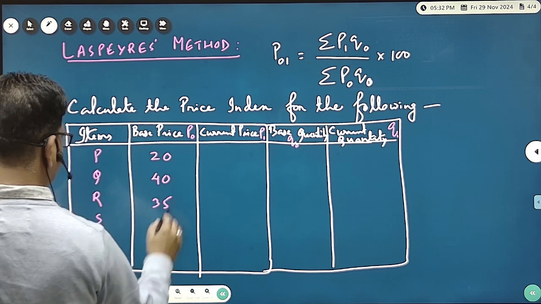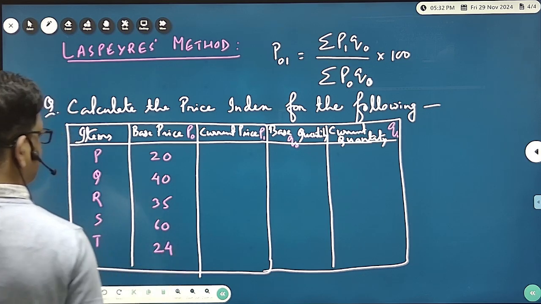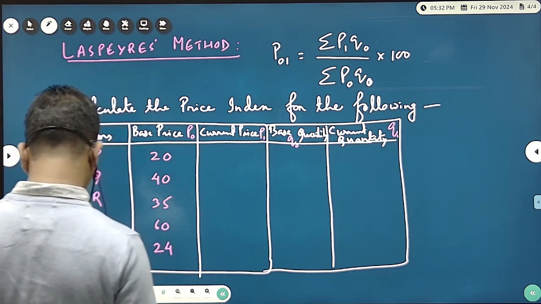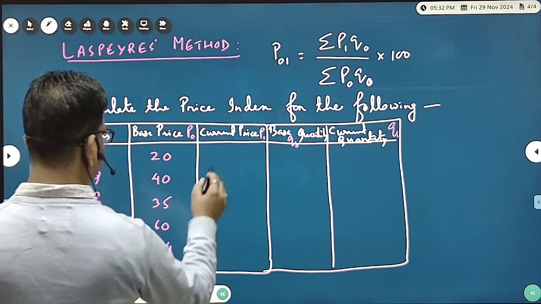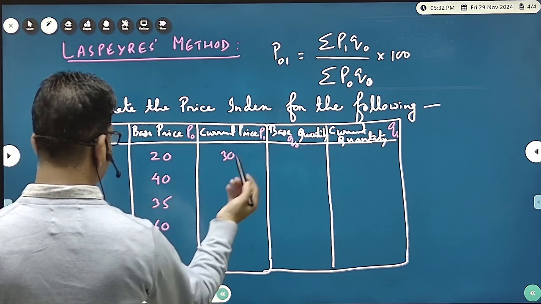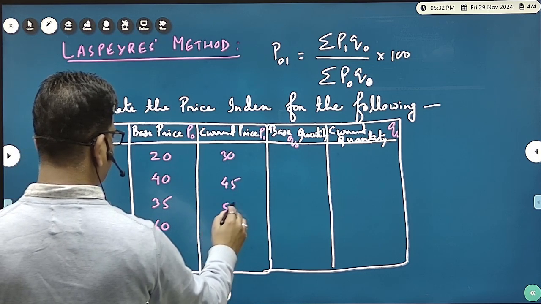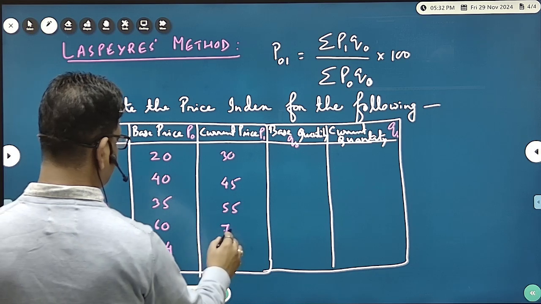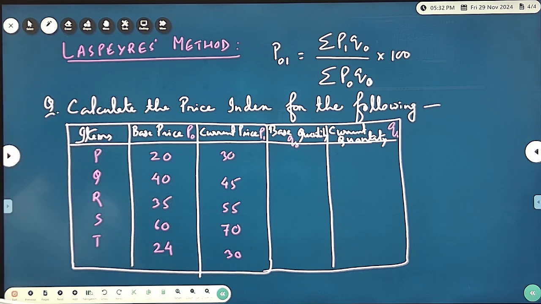Now current price, somewhere it might decrease, somewhere it might increase. Suppose I am taking 30, 45, 55, 70, 30. So the prices are increasing.